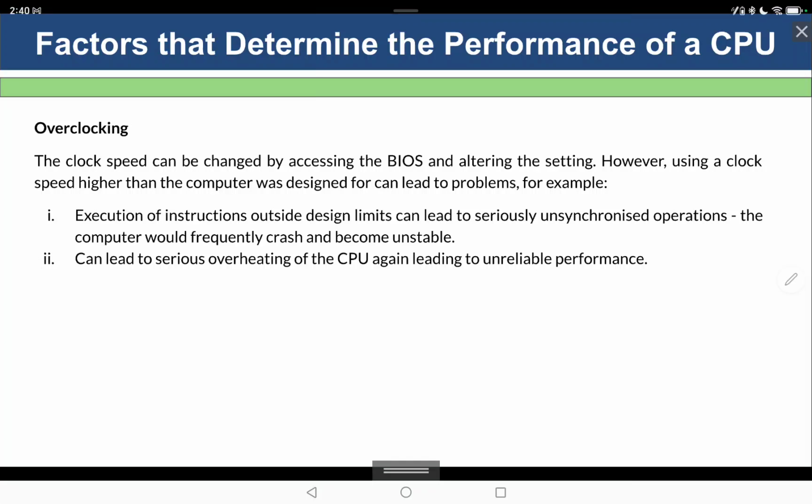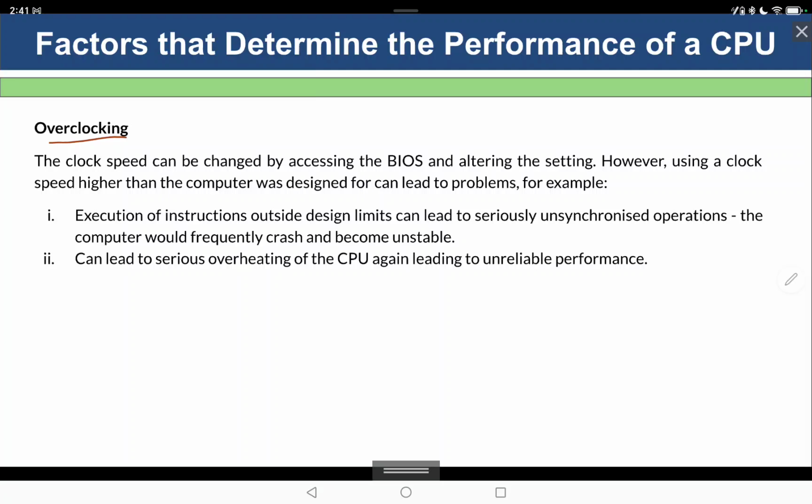Now, if we increase the system clock speed, this is called overclocking. It means that we are running the CPU at a higher clock speed than the intended speed, and this can boost the performance of the system.